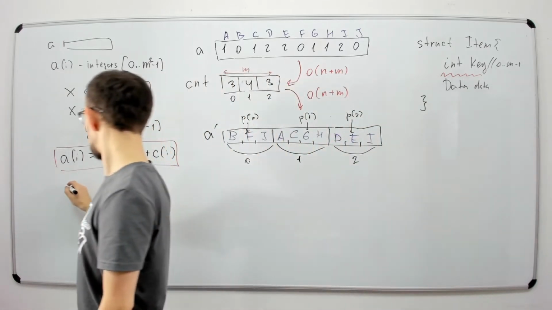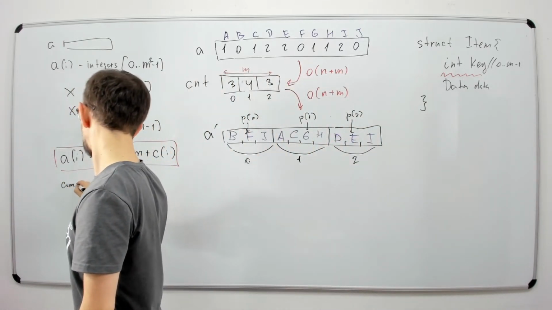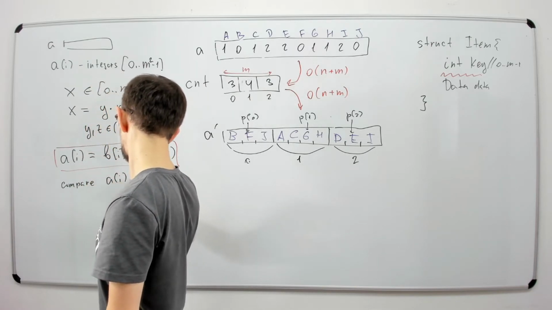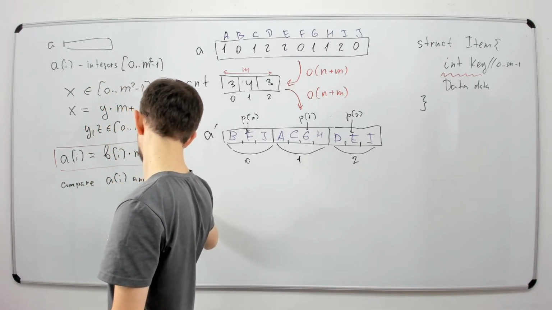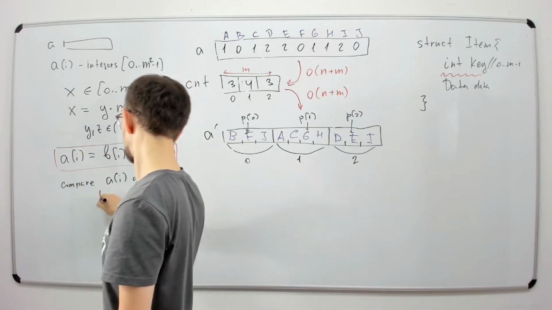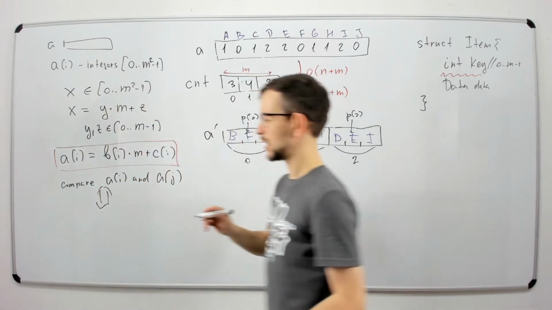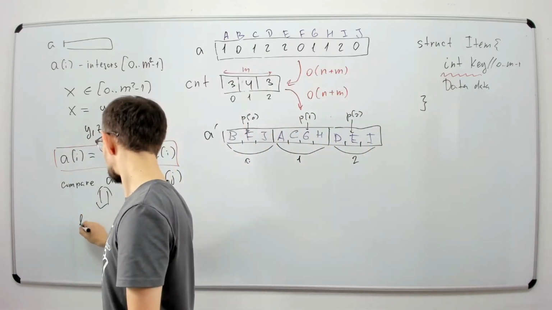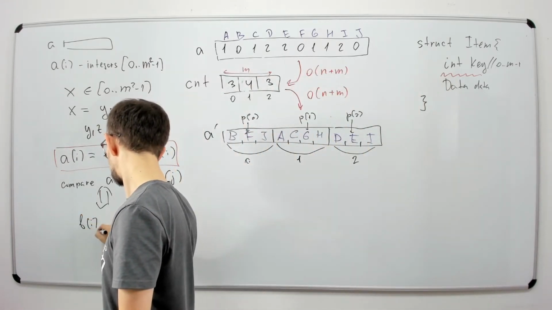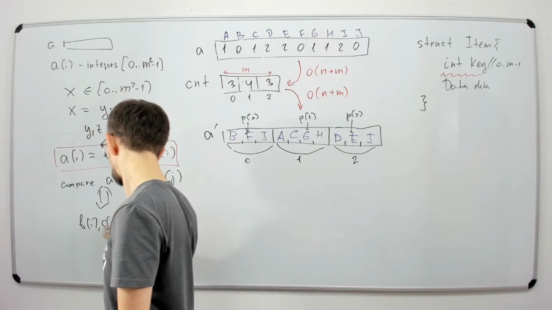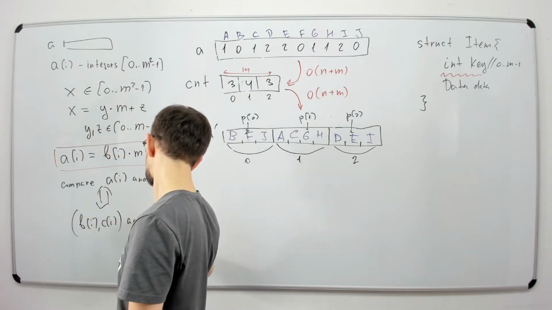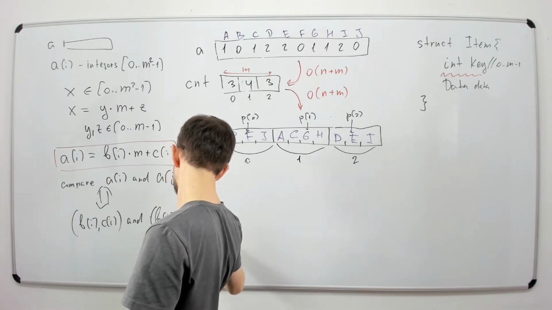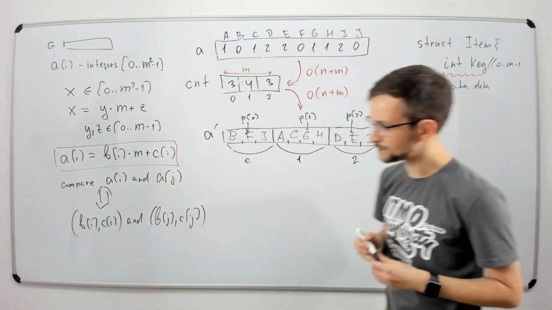So when we need to compare value i and value j, it is the same as comparing the pairs: we compare the pair b_i, c_i and the pair b_j, c_j, like this.